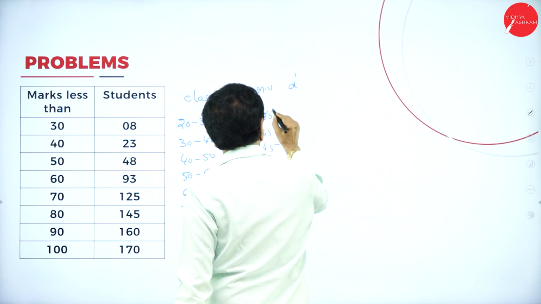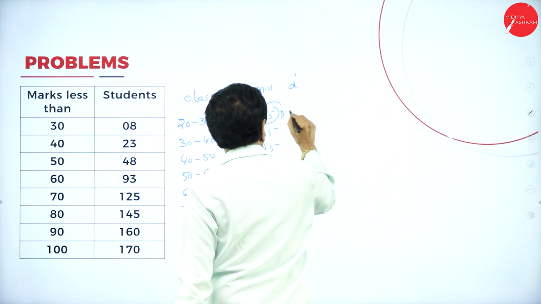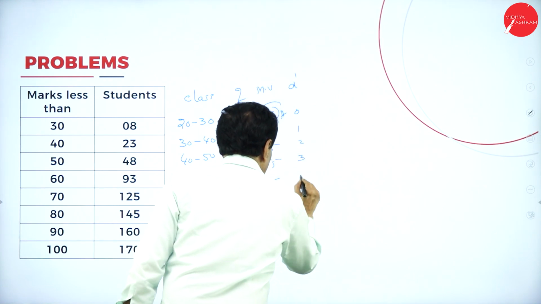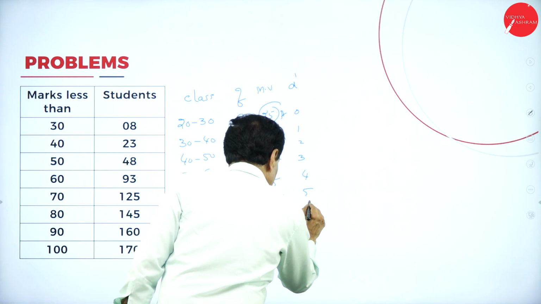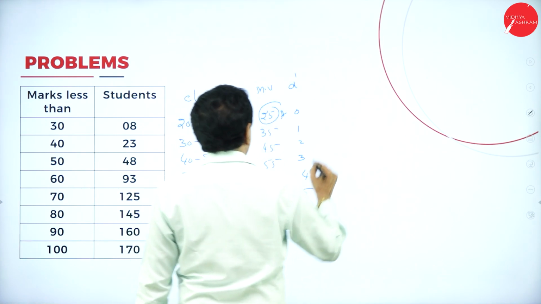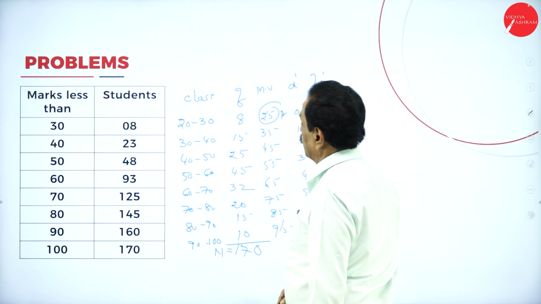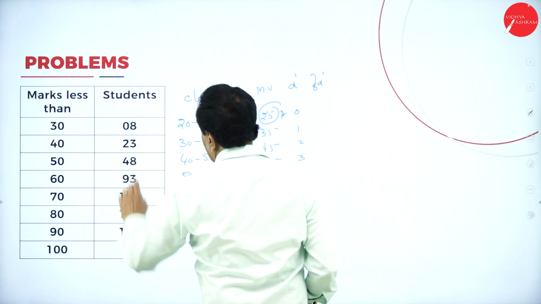D dash. First number is 0. 1, 2, 3, 4, 5, 6, 7. Multiplied by f dash. Frequency dash. So, what's your frequency here?